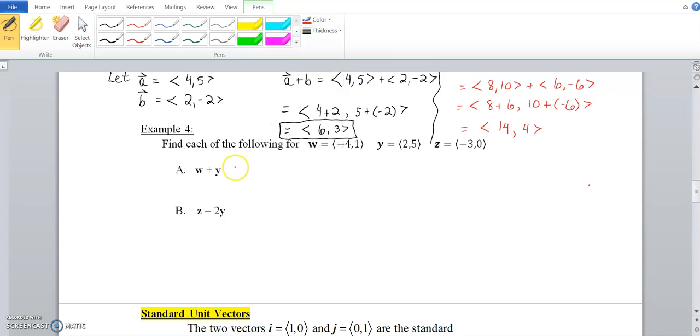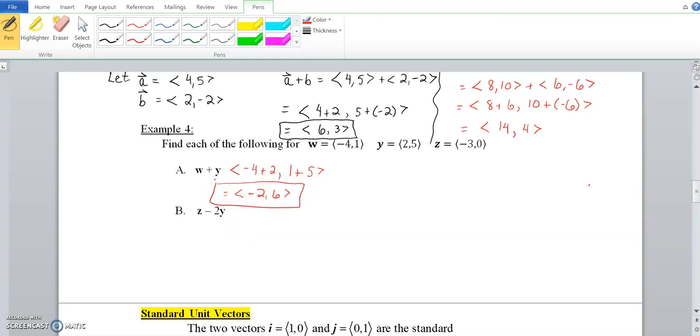W plus y: the x components of w and y give 2, and then the y terms, 1 and 5, give 6. So that equals <-2, 6>, and we're done. We'd box that in.